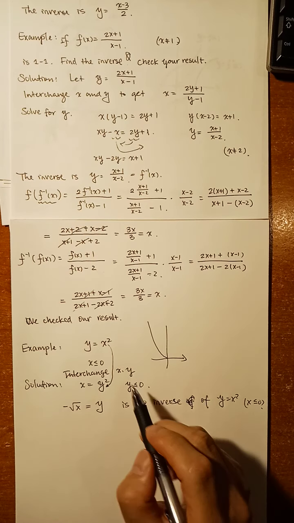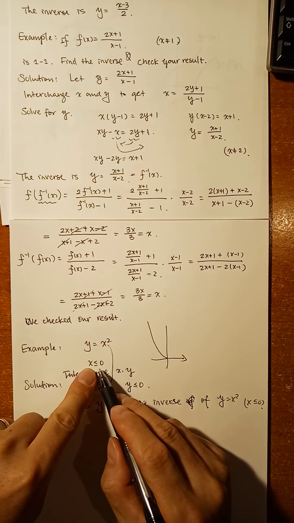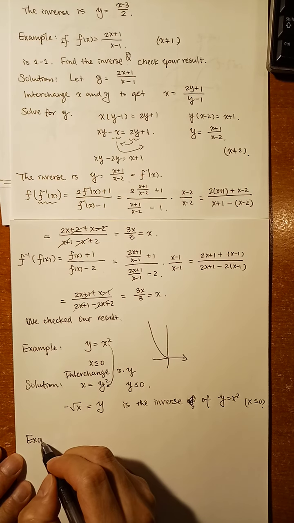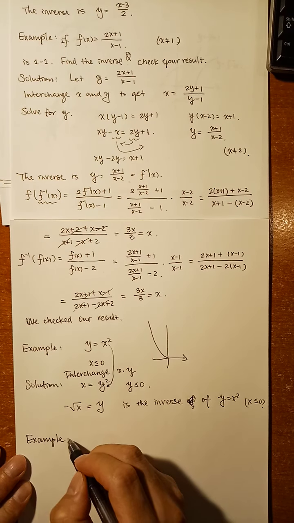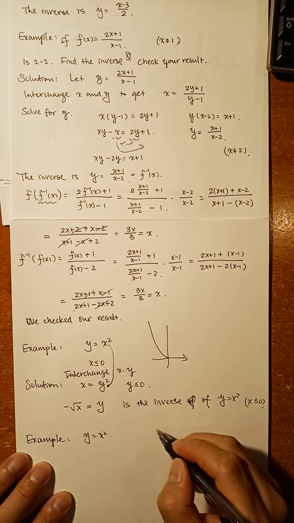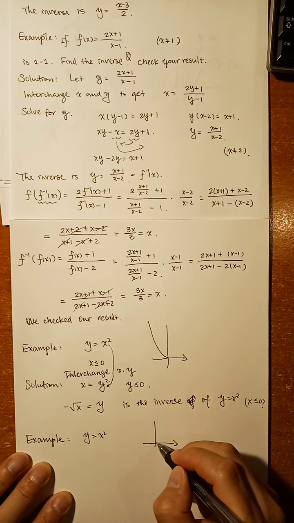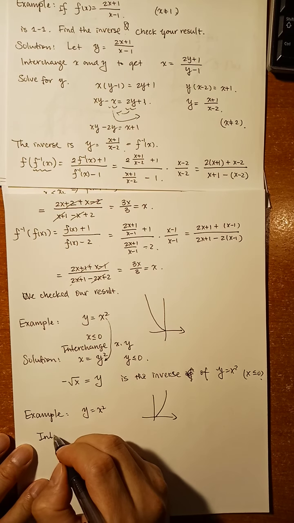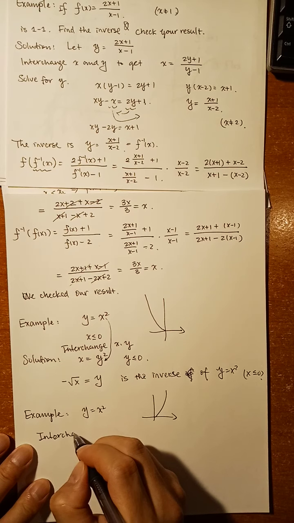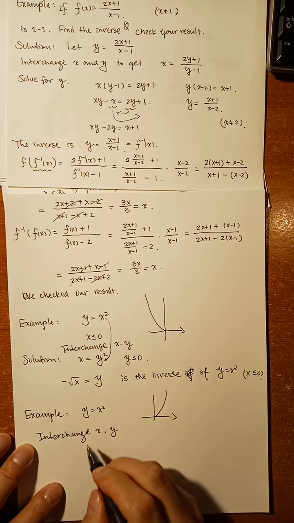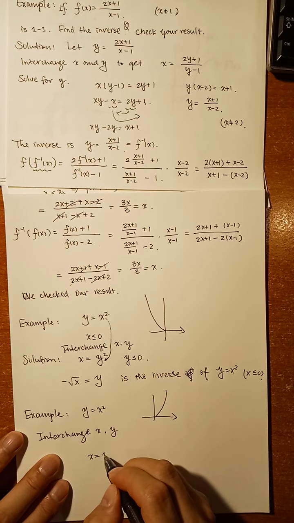All right? So it depends on your domain, the restricted domain. For example, if I do not pick this left side, I pick the right side. If I pick this part, I interchange x and y, and we get the same thing: x equals y squared.